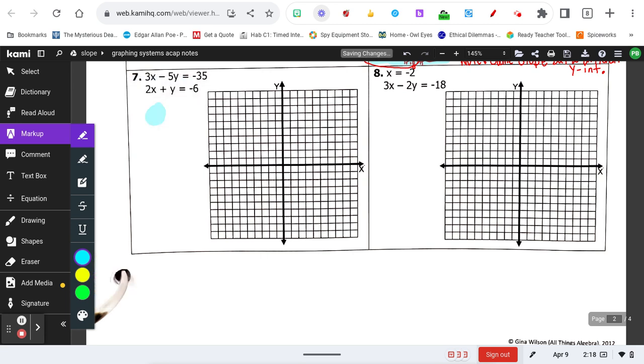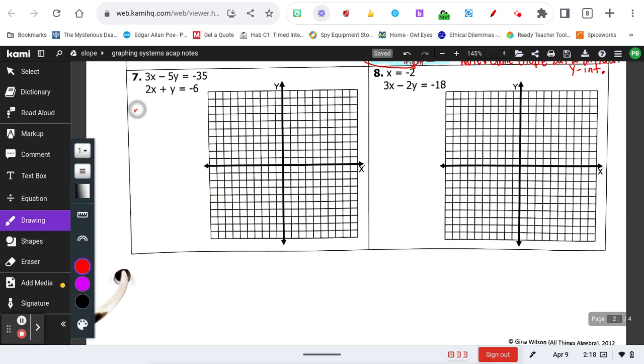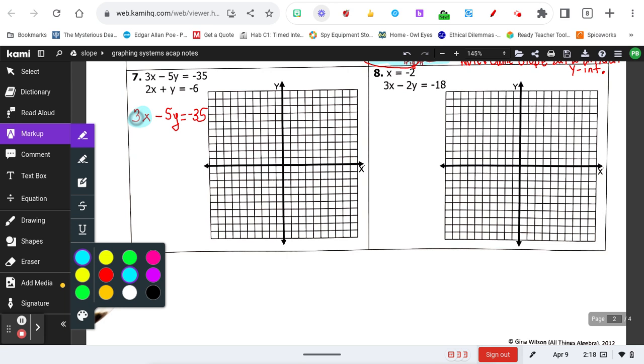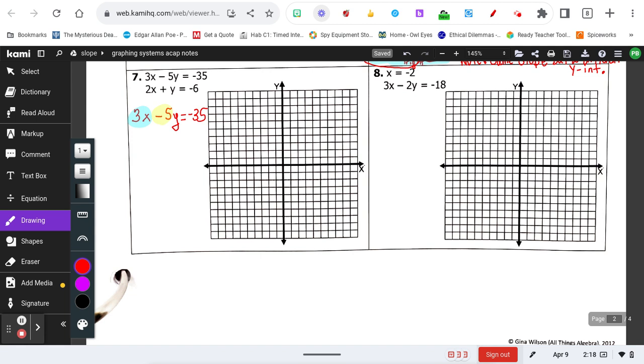I don't like that color. Hold on one second. So you're going to get rid of 3x, and then I want a different color so you can see you're getting rid of separate things one at a time. The first thing you're going to get rid of is the 3x. You're simply going to change the sign, make it a 0 pair. Put -3x over here.